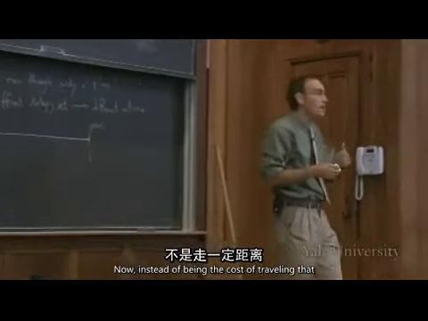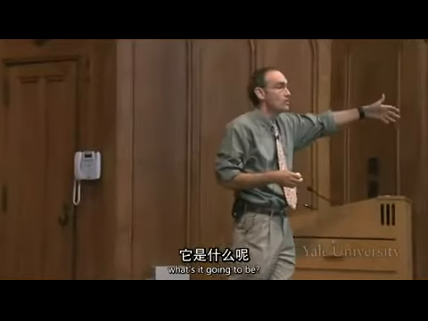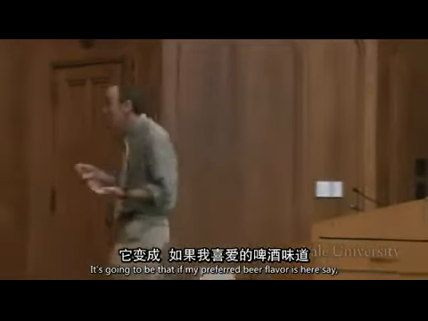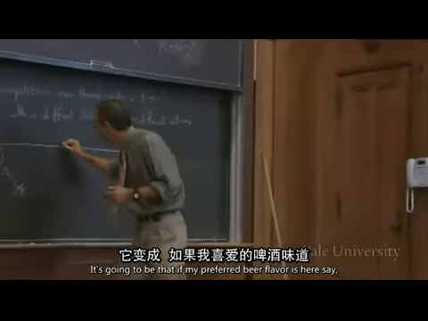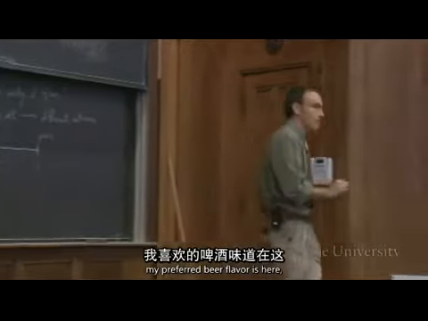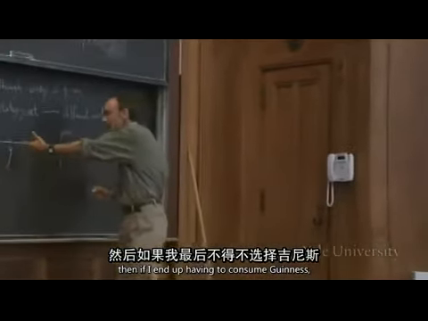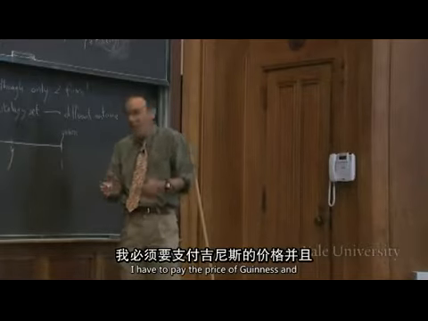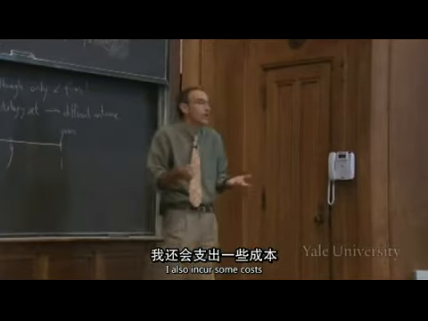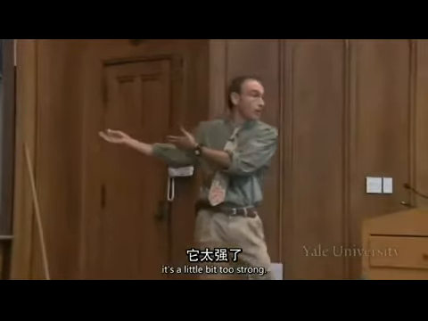Now, instead of being the cost of traveling that distance to go and buy the product, it's going to be that if my preferred beer flavor is here, say, this is me, then if I end up having to consume Guinness, I have to pay the price of Guinness, and I also incur some costs because Guinness isn't the perfect beer for me. It's a little bit too strong.